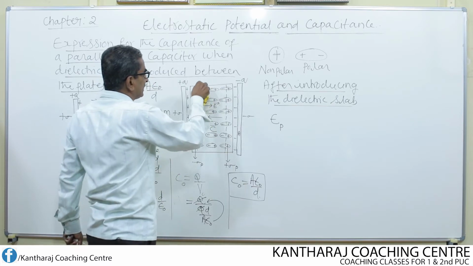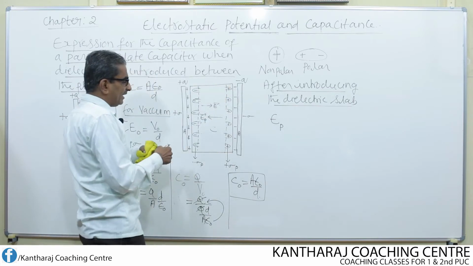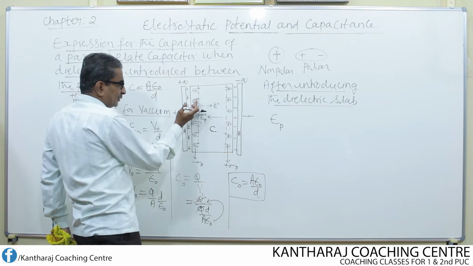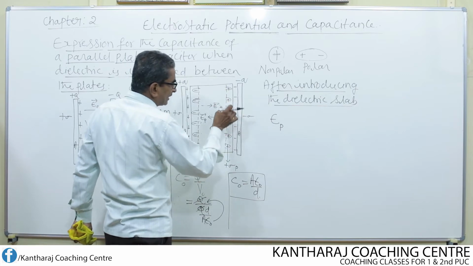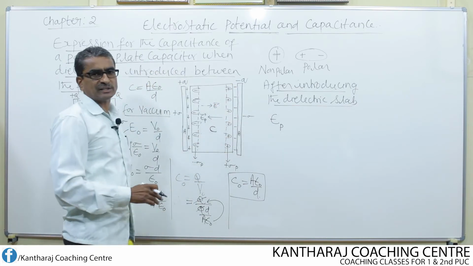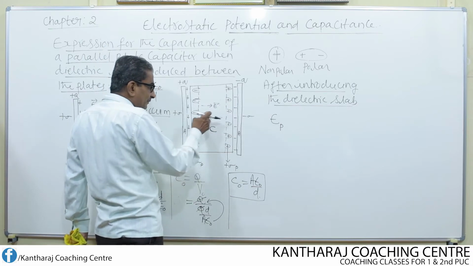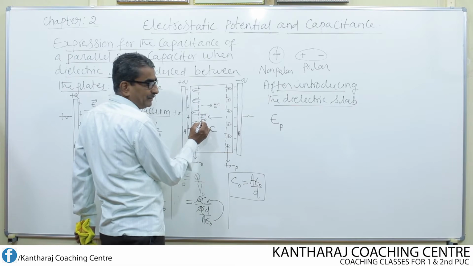Therefore, these two charges get neutralized. Again, these two charges get neutralized. A layer of negative charge towards the positively charged plate and a layer of positive charge towards the negatively charged plate are known as induced charges or polarized charges. These polarized charges will set up their own electric field. I represent that electric field as EP.